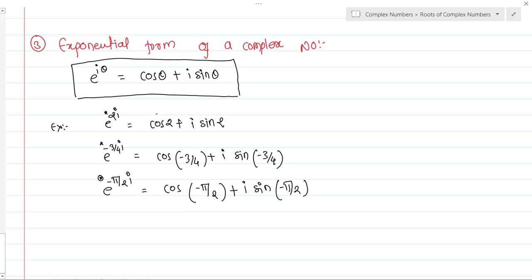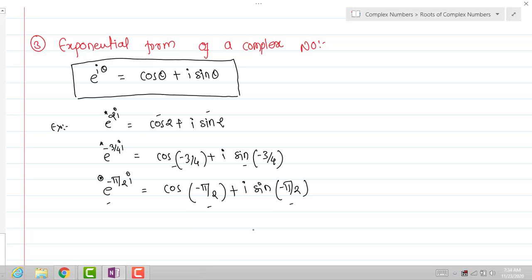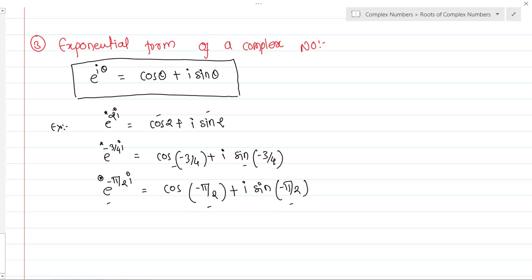So this 2 will go with the cos and sin. This minus 3 by 4 will go with the cos and sin. This minus pi by 2 will go with the cos and sin. Okay, so whatever you have, the part with which you have I, I सोबत जो काही असेल, that you have to place with the sin and cos. That becomes the angle. Okay, so it is in radian.